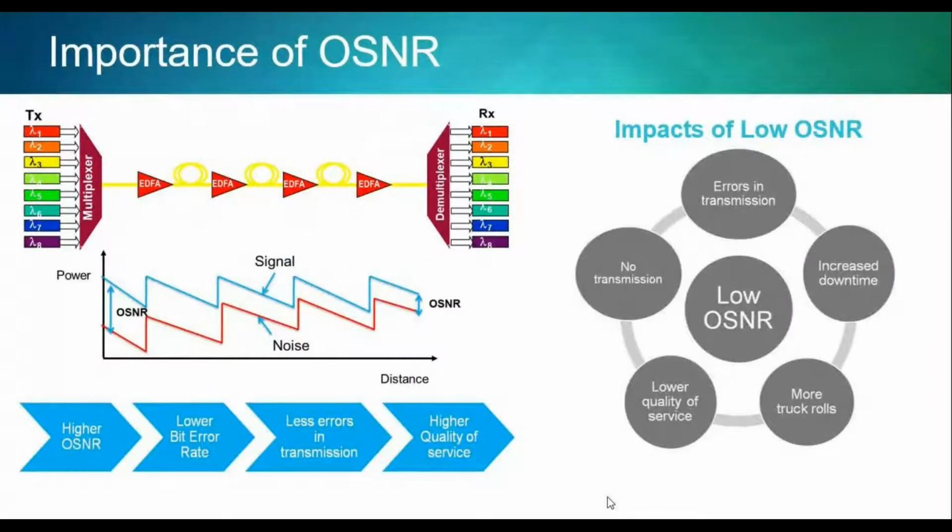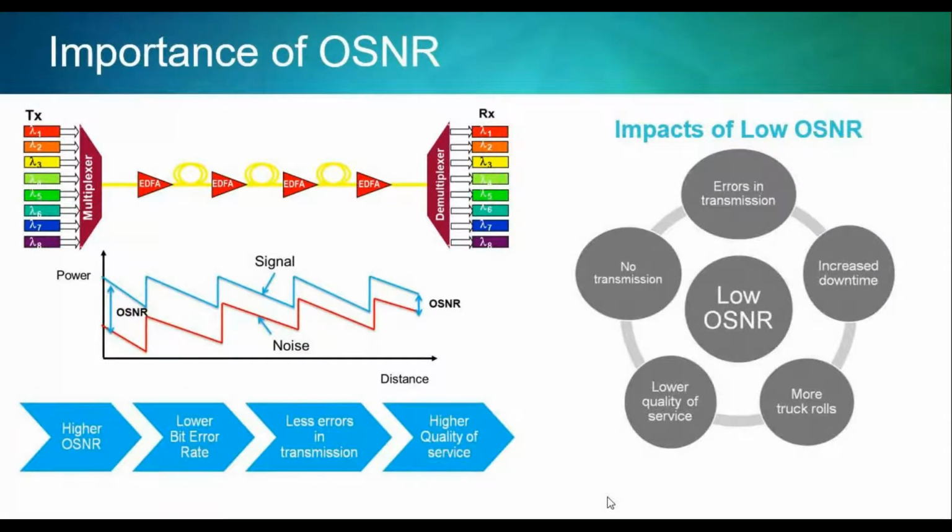So the importance of OSNR: the higher the OSNR, the direct impact is on the error rate, the BERT. It gives you a lower error rate, so lower error in transmission, and a higher quality of service. If you look here at the graph with the multiplexer, demultiplexer, there are different EDFAs. As the signal goes through the different stages, you can see the impact of each amplification stage on the ratio between the noise and the signal.